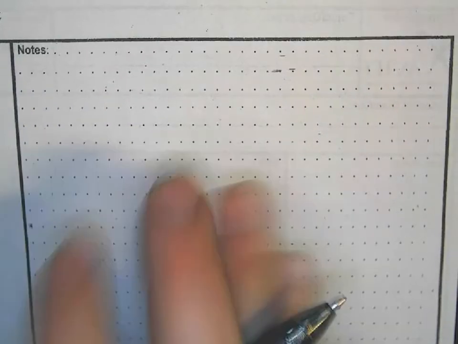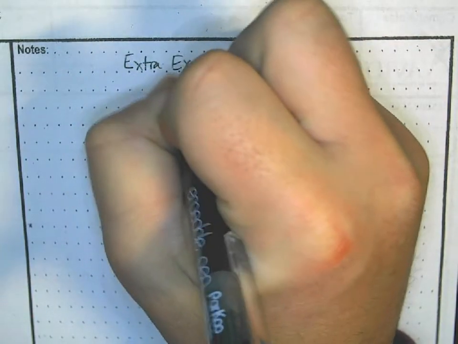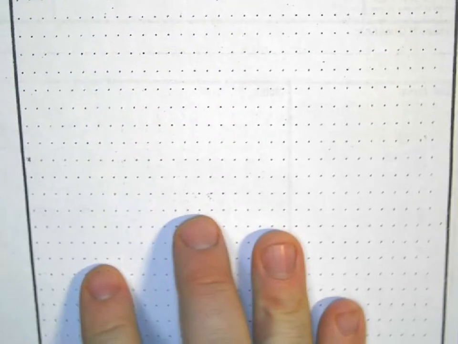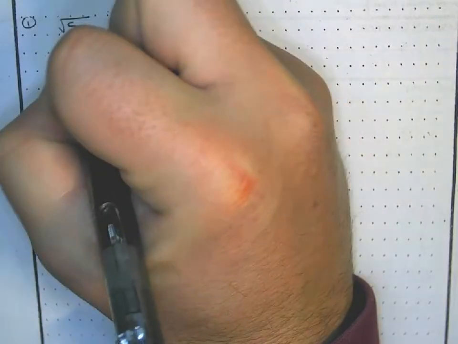Let's do some extra examples. So let's look at the square root of 50. First thing we're going to do is build our factor tree.